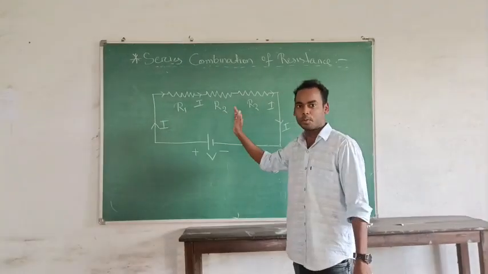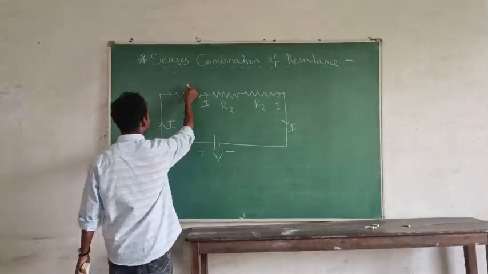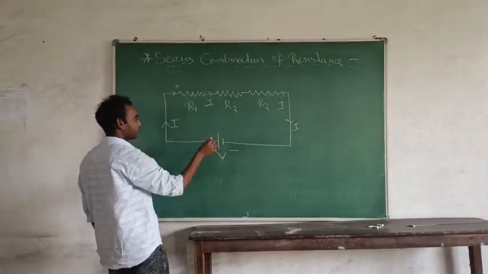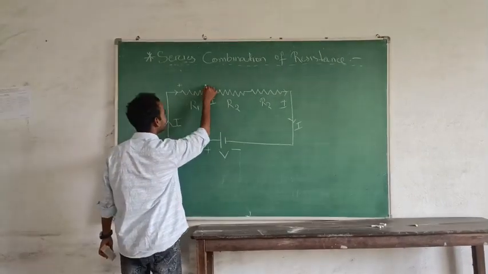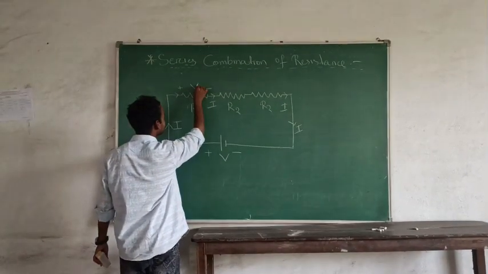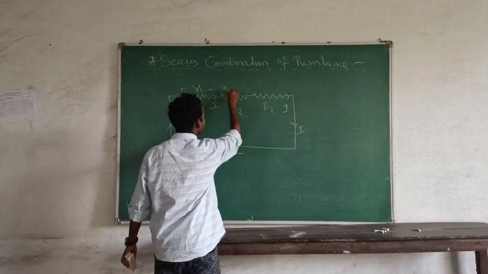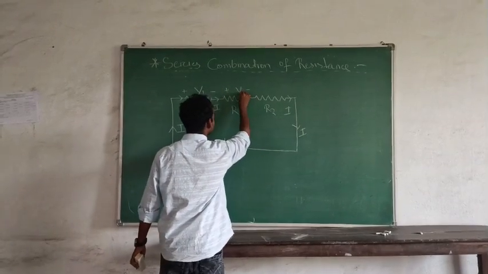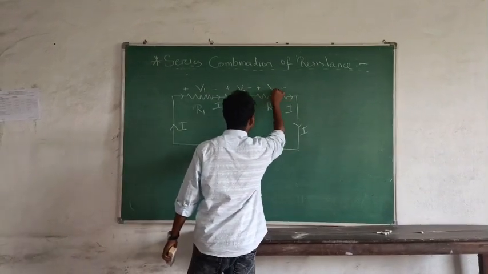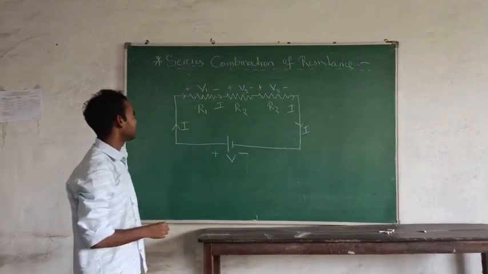Whenever potential is applied, the potential is divided among the resistances, as V1, V2, V3.